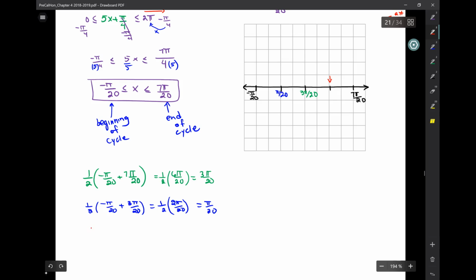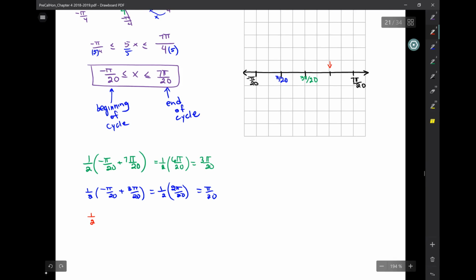If it's the midpoint of the green and the black, you add the green and the black, divide by 2. So 1/2 of 3 pi over 20 plus 7 pi over 20, 1/2 of 10 pi over 20, 5 pi over 20. We're good?